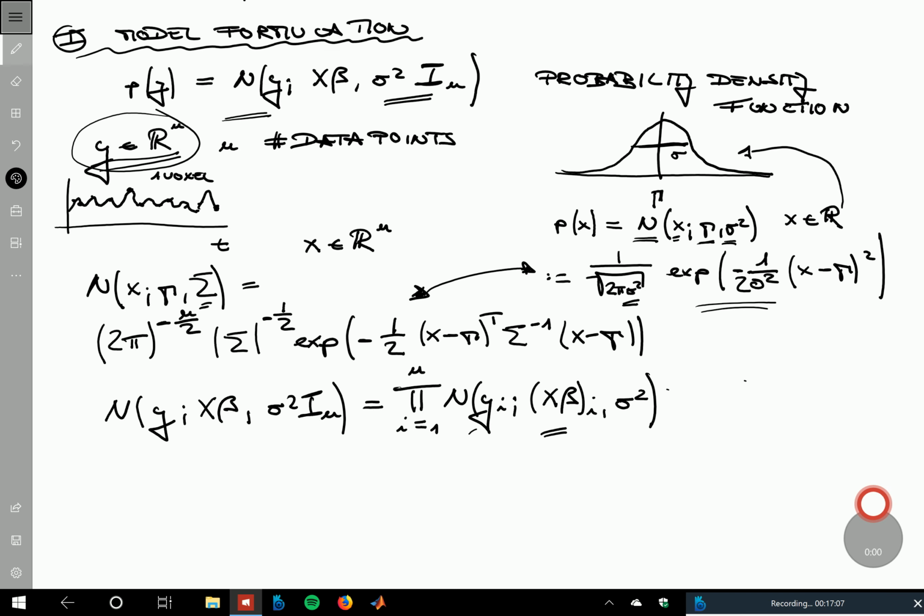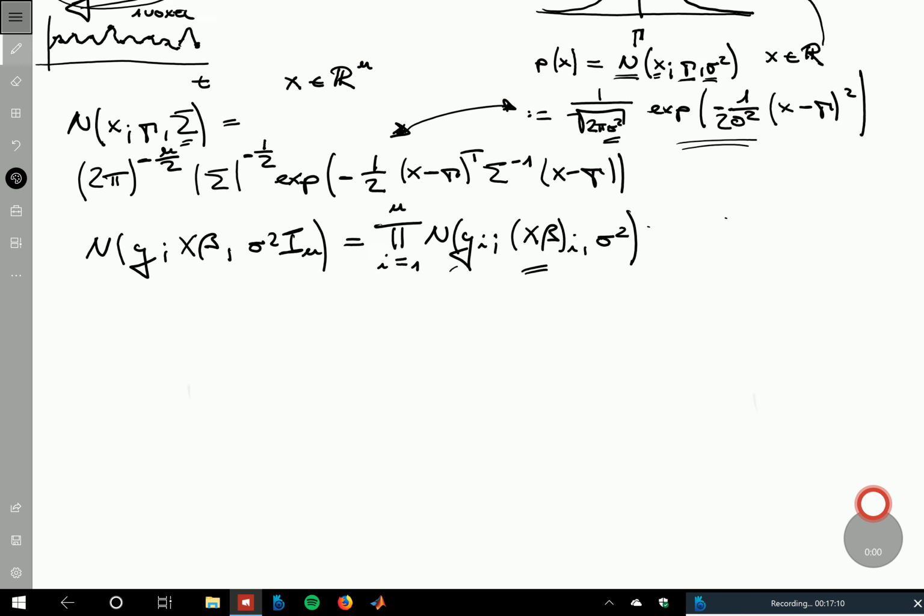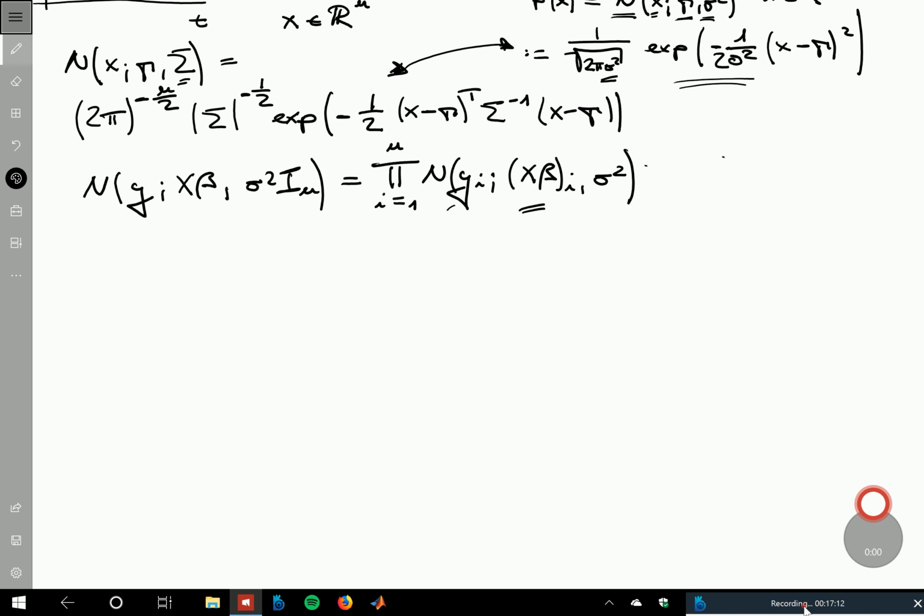So what does that mean? Remember again, last time we looked at one design matrix. We have this design matrix that looked something like this, and then we multiplied this by a beta vector, which had 2 entries, something like, for example, this. And from this, we got a prediction for our time series.